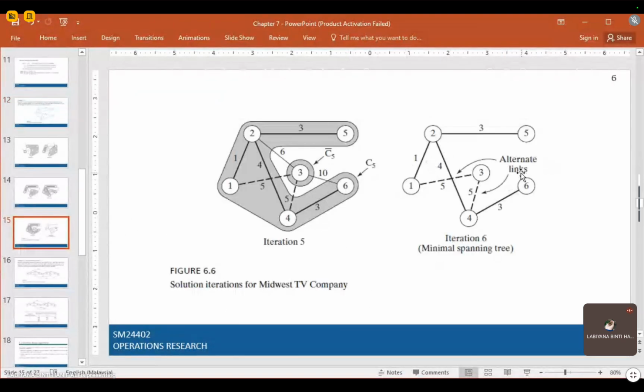That's why it's shown as alternate links. So this is called the minimal spanning tree, and this is actually the final solution.